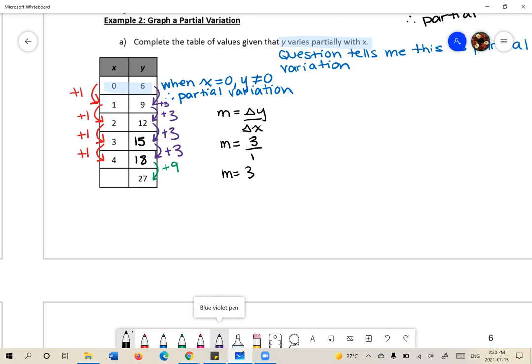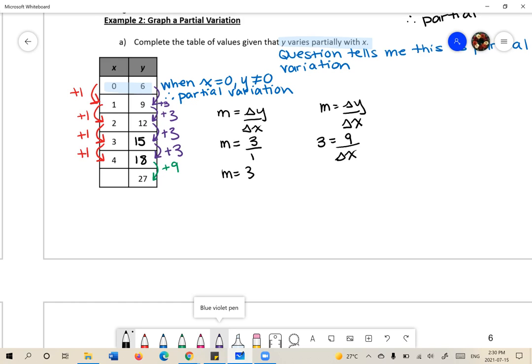Using the same slope formula, I know that slope is equal to 3, and my change in y for the last row is 9. So my y is changing by 9. Now I'm trying to find my change in x. How is x changing when y is changing by 9? I'm going to rearrange this formula.